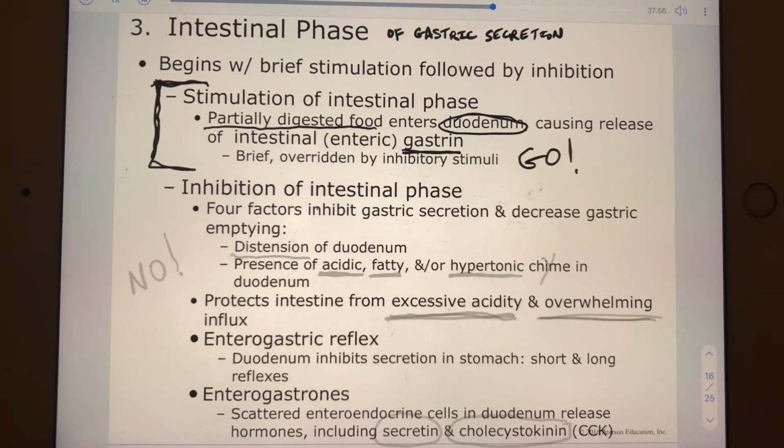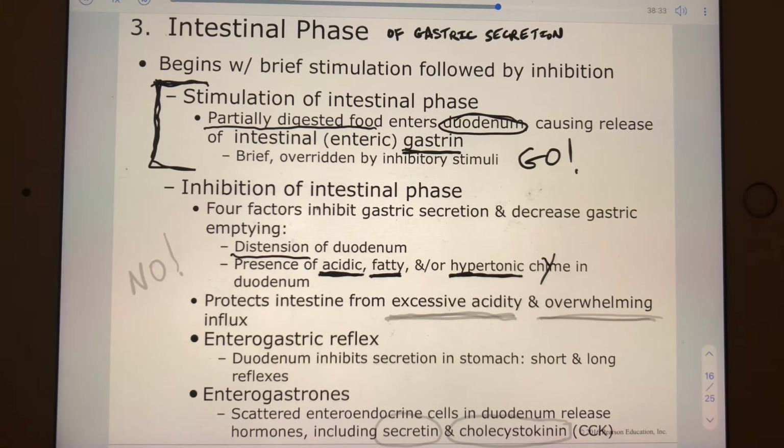Okay, but as soon as that small intestine is descended, is experiencing a decrease in pH, is experiencing a high input of lipids, and or is receiving a solute-rich chyme, which remember is more often written with a Y.